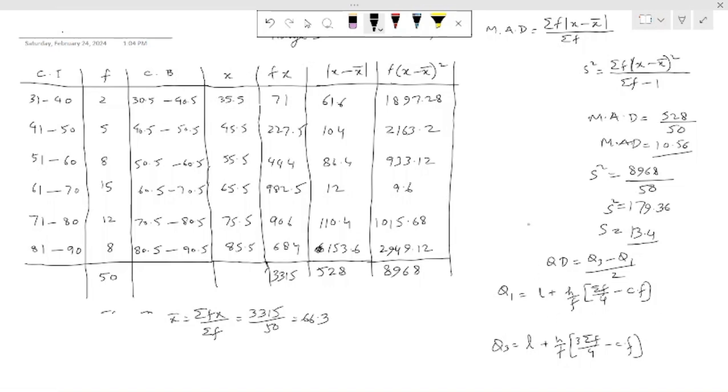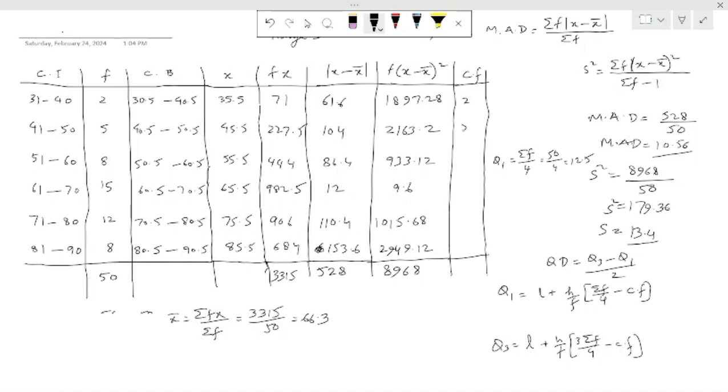And what we do to identify quartile, Q1 can be first determined as summation F divided by 4. Okay, summation F 50 divided by 4 gives us 12.5. So what we do, we need to construct the column for CF values first.